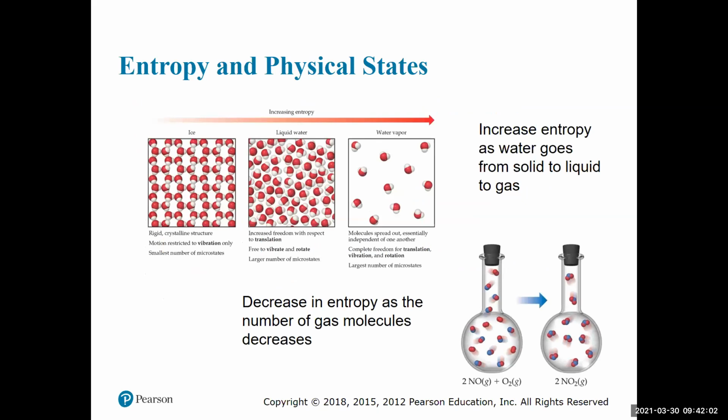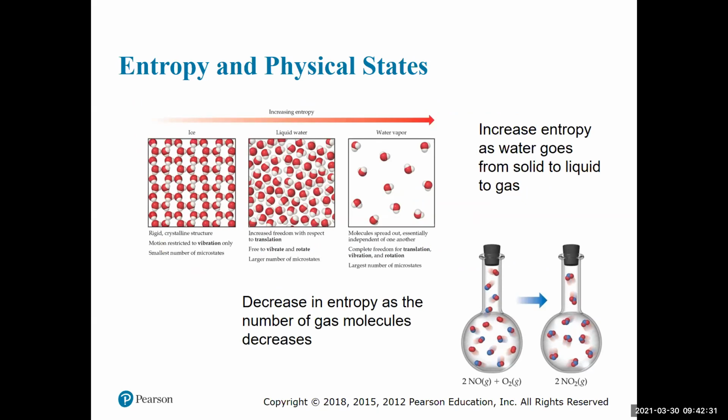Let's take a look at what we're talking about there. So in the top figure, we're saying that entropy increases as water goes from a solid to a liquid to a gas. On the left-hand side here, we have our frozen water, our ice, and those molecules are pretty stationary.